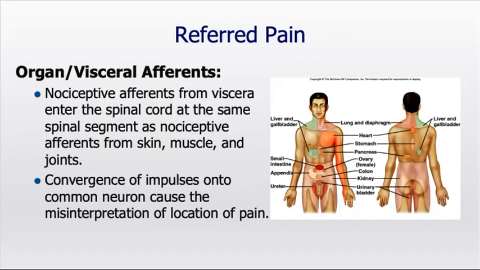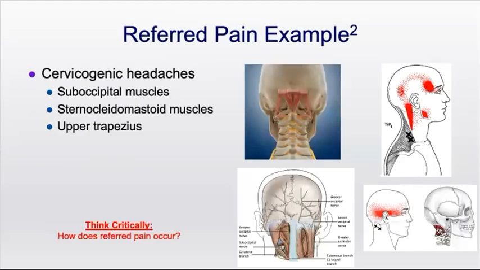Secondly, the greater and the lesser occipital nerves travel through the suboccipitals. So if we go back a slide, underneath the suboccipitals is where that greater occipital nerve and lesser occipital nerve emerge. And so if those suboccipitals are very tight, they can compress those nerves and cause referral pain into the back of the skull.